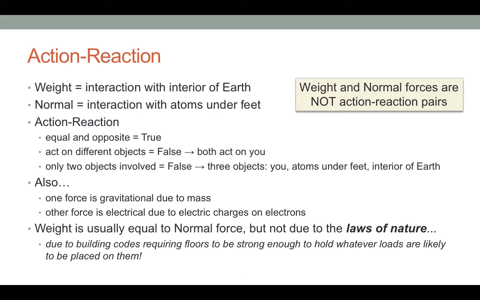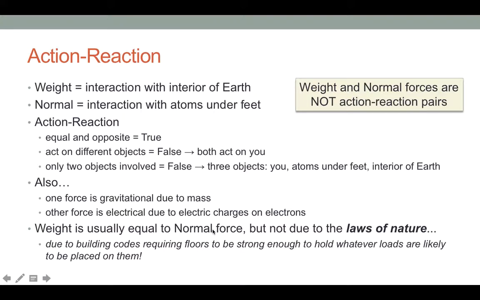So there are three objects involved, which means they cannot constitute an action-reaction pair. In addition, there are two different types of forces. One force is a gravitational force, which is caused by the mass of the atom, and the other is an electrical force due to the fact that electrons have negative charges. So they cannot be an action-reaction pair.